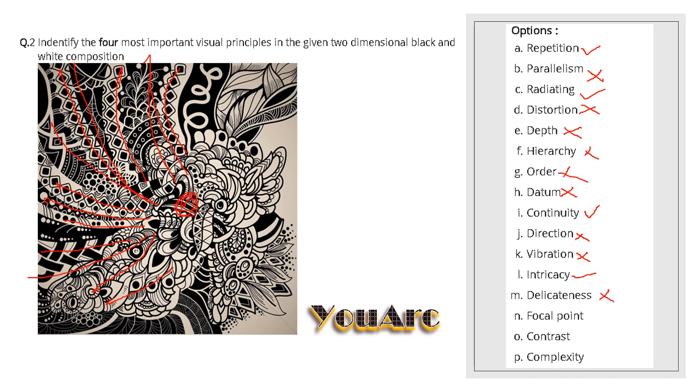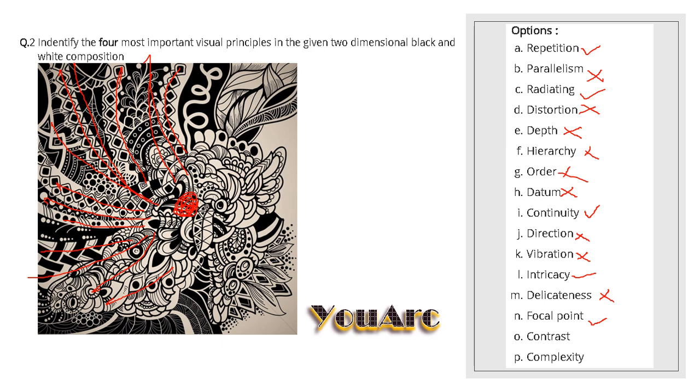Focal point, yes, we have some focal point from where the things are getting radiated. So once radiating comes, then definitely it has focal point. Contrast, according to me, we have contrast because black and white is the contrast. But here, since it is a black and white composition, definitely it will be there.